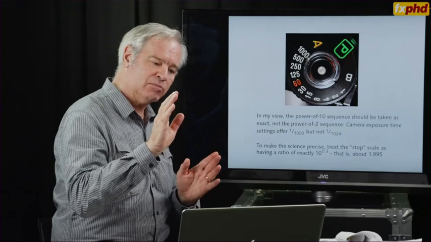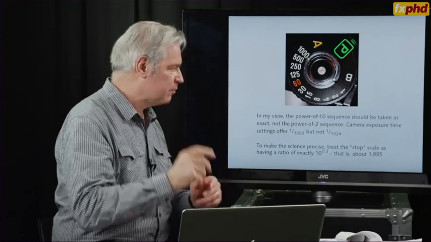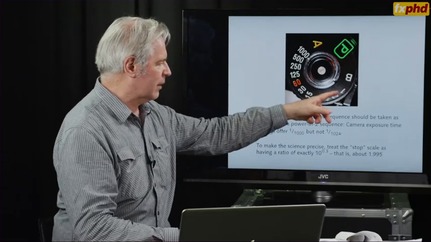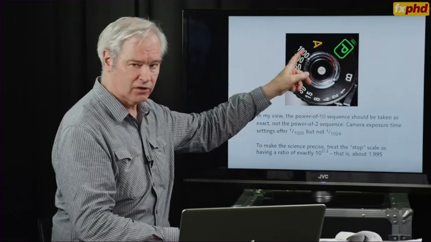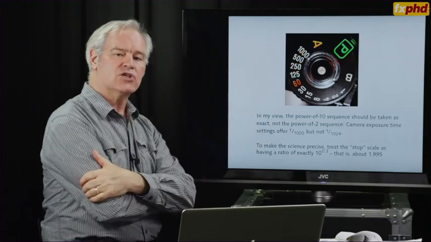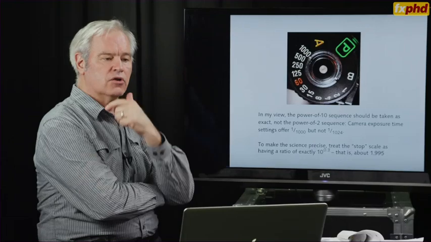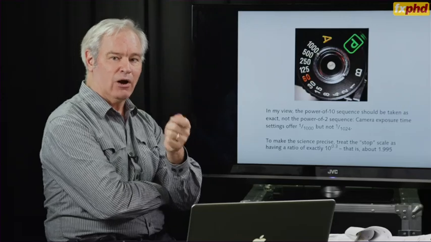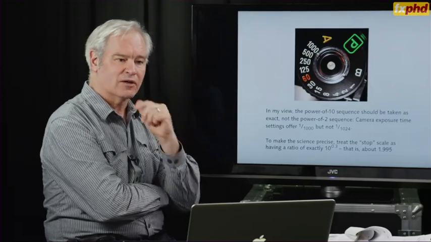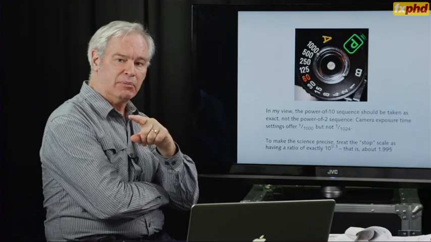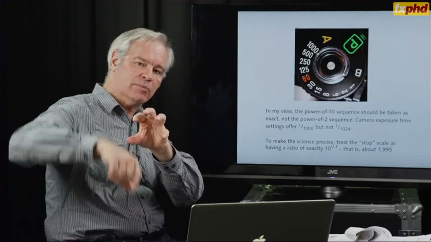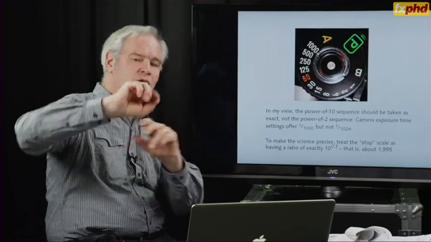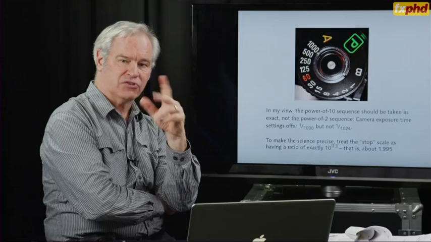Instead, that scale has been adjusted a little bit so that this particular dial goes up to exactly a factor of 1,000. And those are the approximations that are used in photography. So in photography, we don't actually use exactly powers of 2. We approximate that as a stop being 10 to the power 0.3, which is about 1.995 instead of 2.